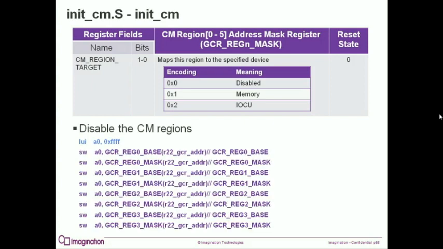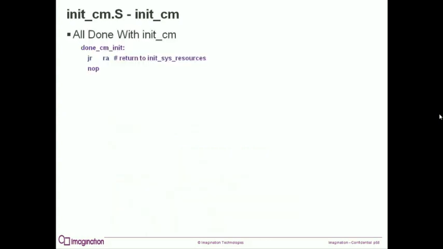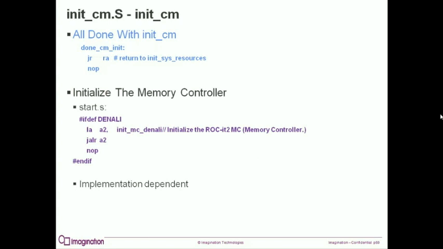The code uses A0 to store the value to all CM regions and thus disables them. This completes the CM initialization, and the code returns to init sys resources. In start.s, a call is made to initialize the memory controller.